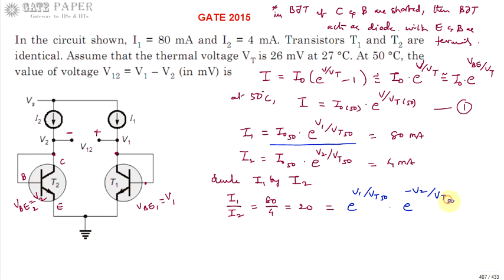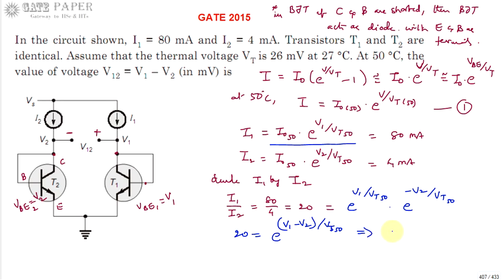Taking the term to the numerator, we can write 20 is equal to e power of V1 minus V2 divided by Vt at 50.